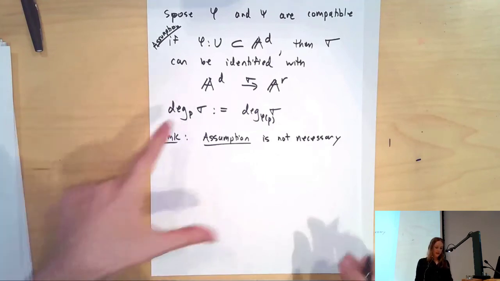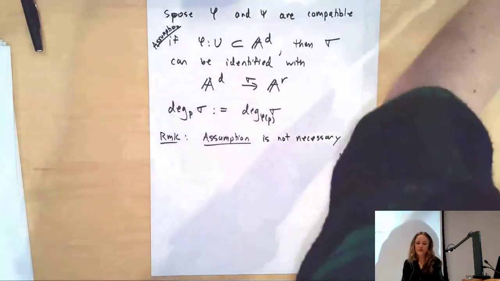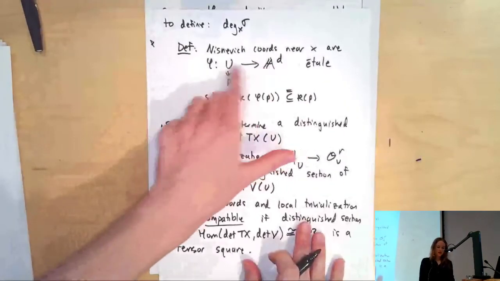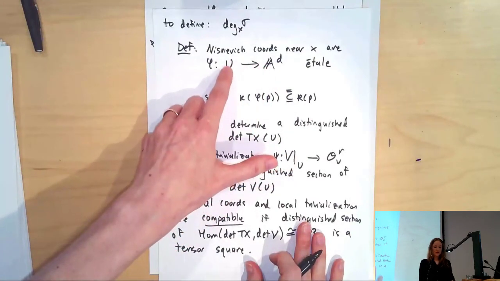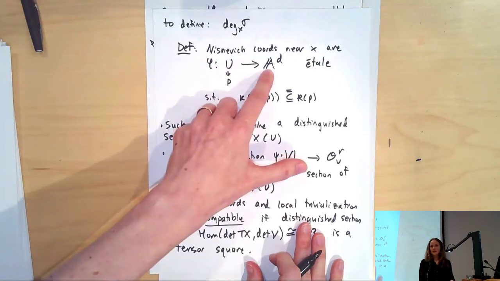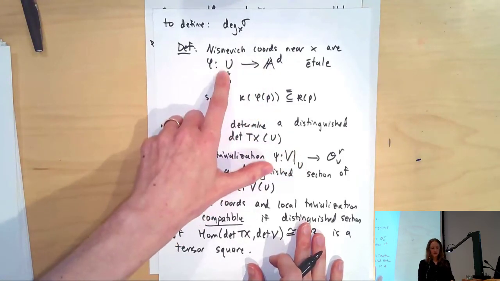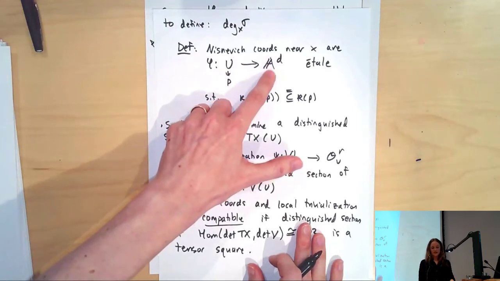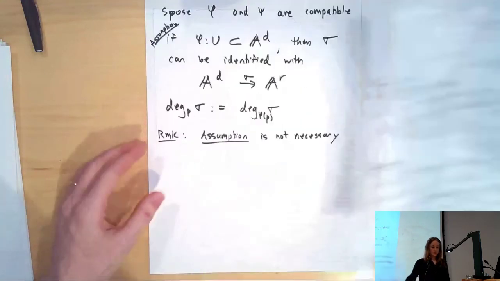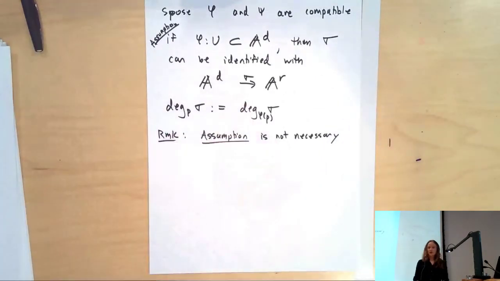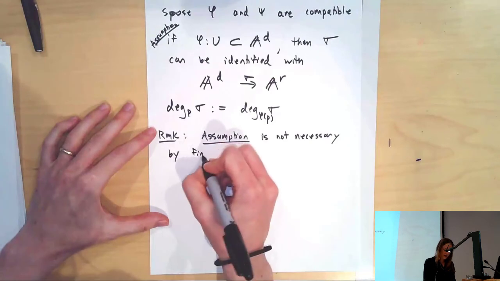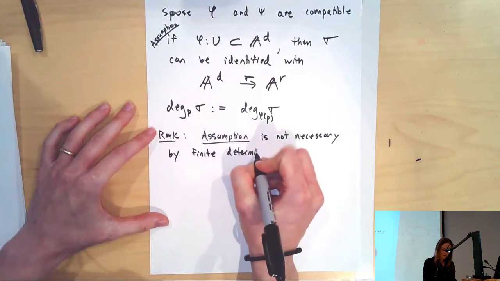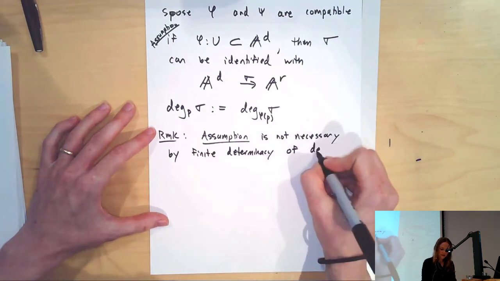So if we've got some map here where the local rings are not isomorphic, we could fail to have our function sigma be pulled back from A of D, but we can add something in a really high power of the maximal ideal, and you can show that then it is pulled back from A of D, at which point we do get a function like this, and those choices will not affect the resulting definition, by finite determinacy of the local degree.